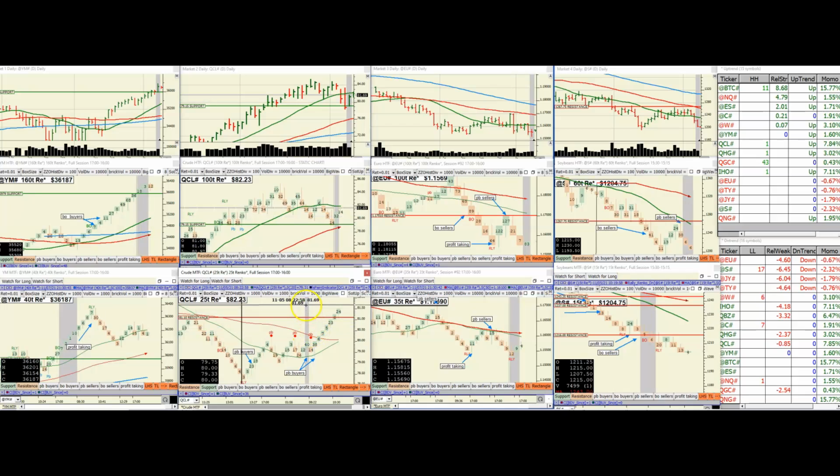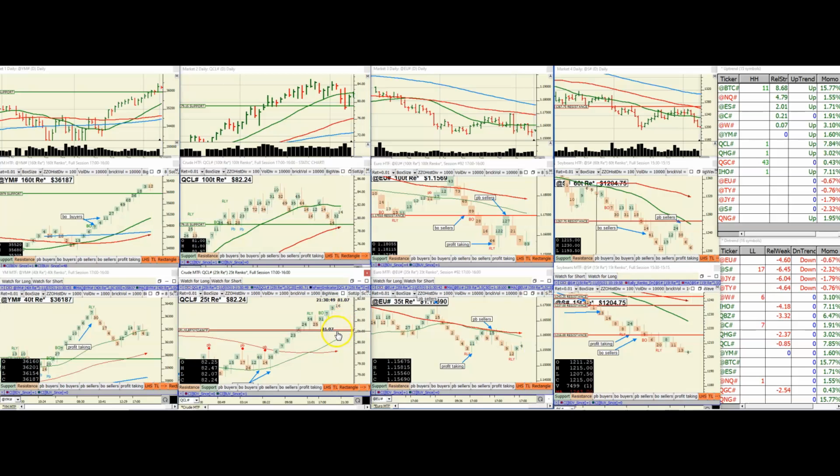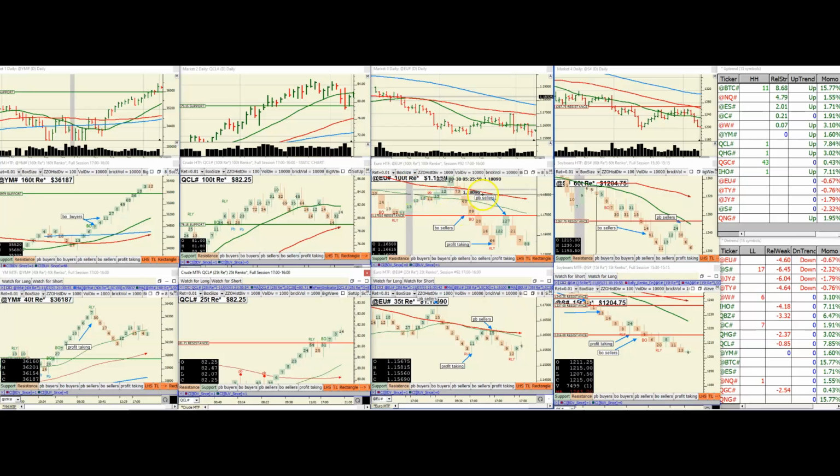So, I wonder if it's going to give pullback opportunities. I don't know. I really don't know. If markets get too strong, they don't retrace until the next wave or the following waves.